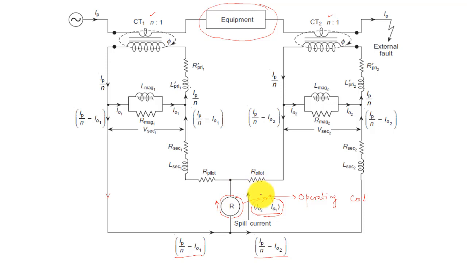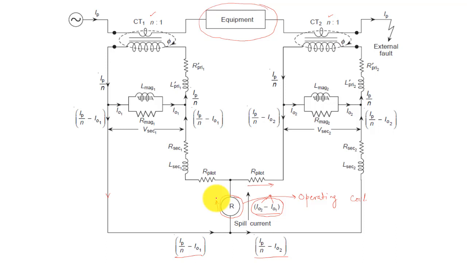Under through fault the spill current will be there, which will operate the disc because of the magnetic flux produced in the operating coil. But if we put in a restraining coil, producing flux proportional to the circulating current, which is directly proportional to the through fault current, and that flux produces a restraining torque, then it will balance the operating torque, and gradually the net torque will become 0.